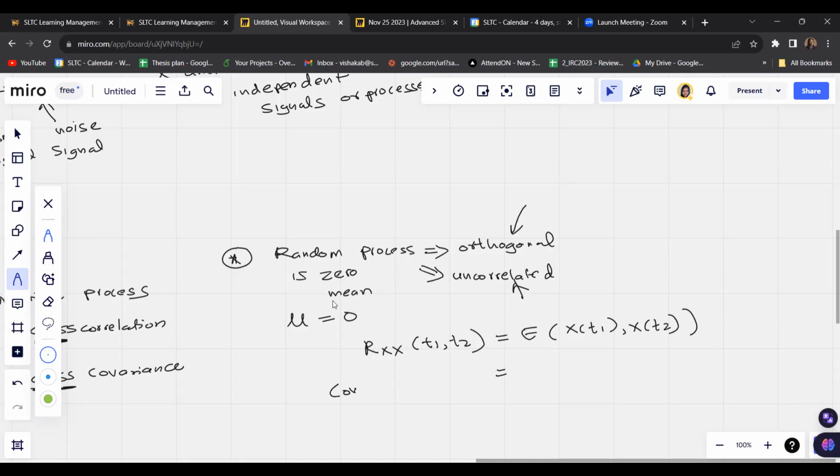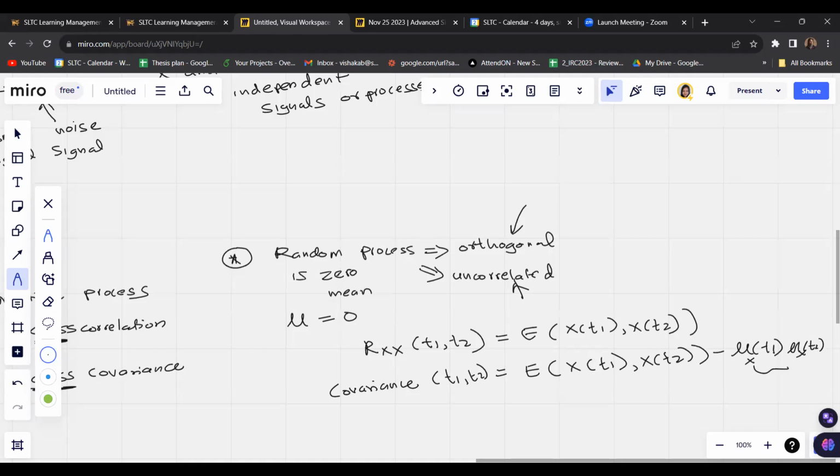And the covariance function for T1 and T2 is the autocorrelation function minus the product of the mean values, mu T1 and mu T2, both related to the X variable.